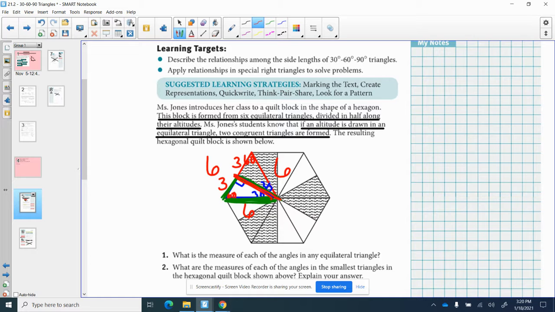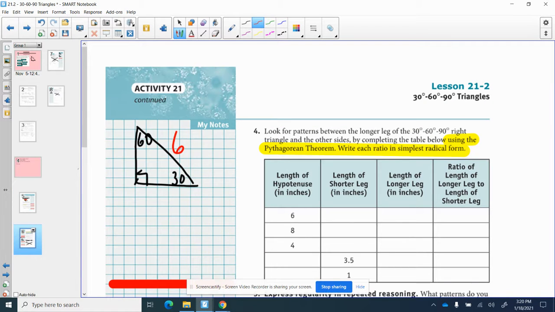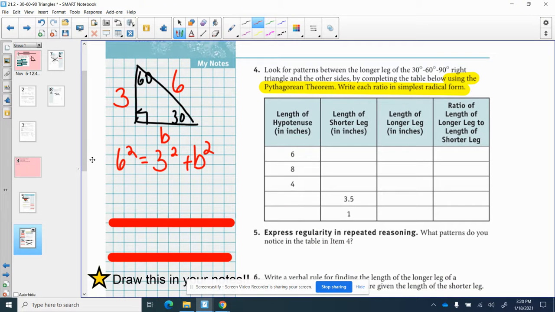And then we can use the Pythagorean theorem to find our remaining side. 6 squared equals 3 squared plus b squared. 36 minus 9 is 27. And if we take the square root of 27, we know that 9 times 3 is 27, and 9 is a perfect square.